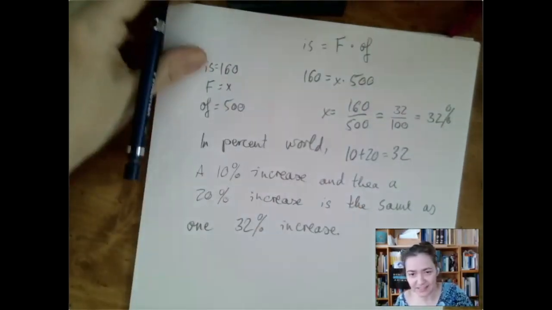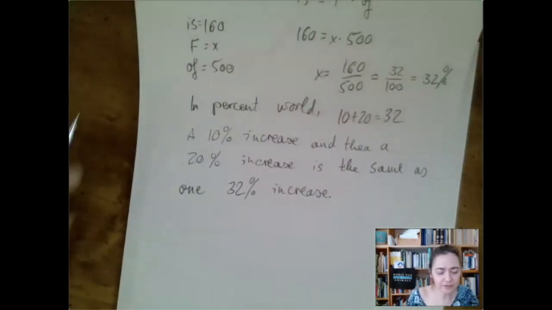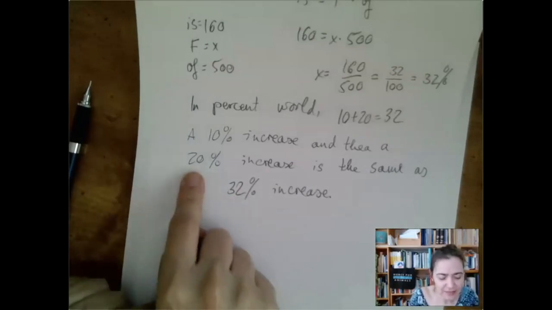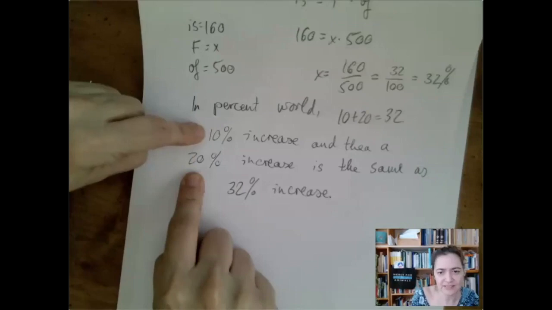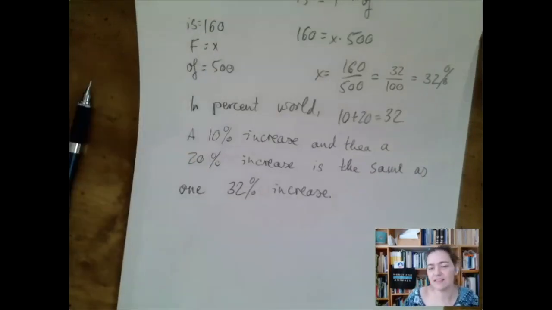These things get tricky. And again, what's that extra 2%? It's that 20% of that 10%. 20% of that extra 10%, it's 1/5 of 10%, that's 2%. So that's why.